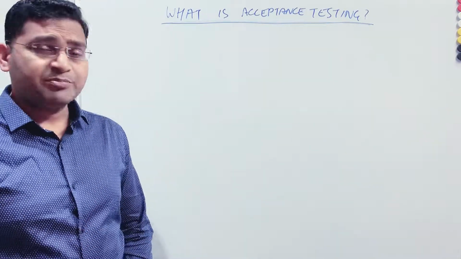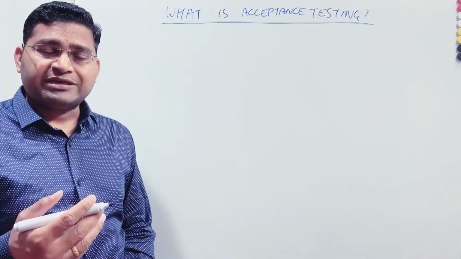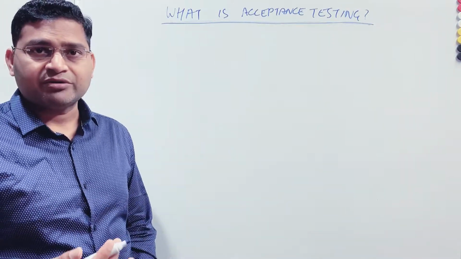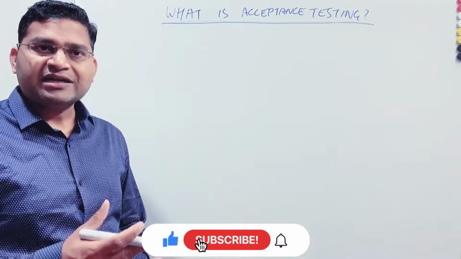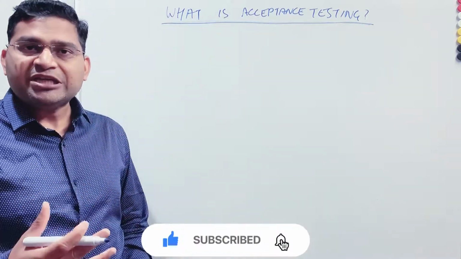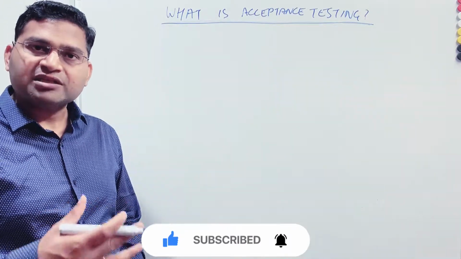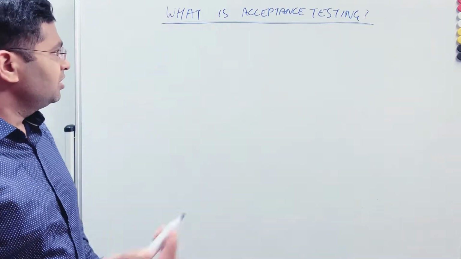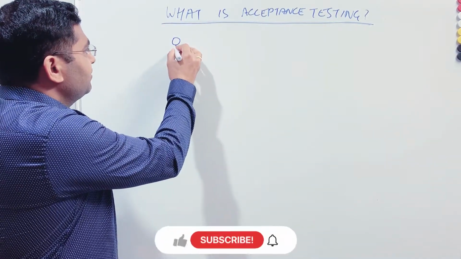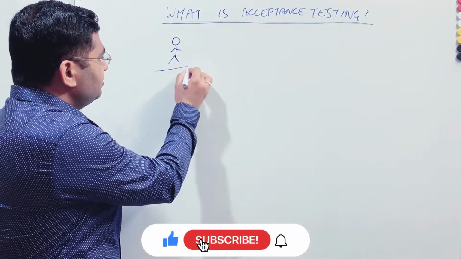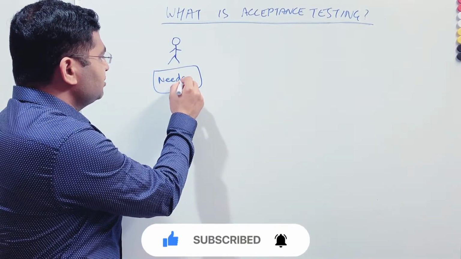To understand acceptance testing, I'll take an example of how the customer provides the requirement. There are some needs or customer requirements that are being explained to the team who is developing the software, and that's how the requirements come into the picture. Say, for example, there is a customer and he has certain needs.